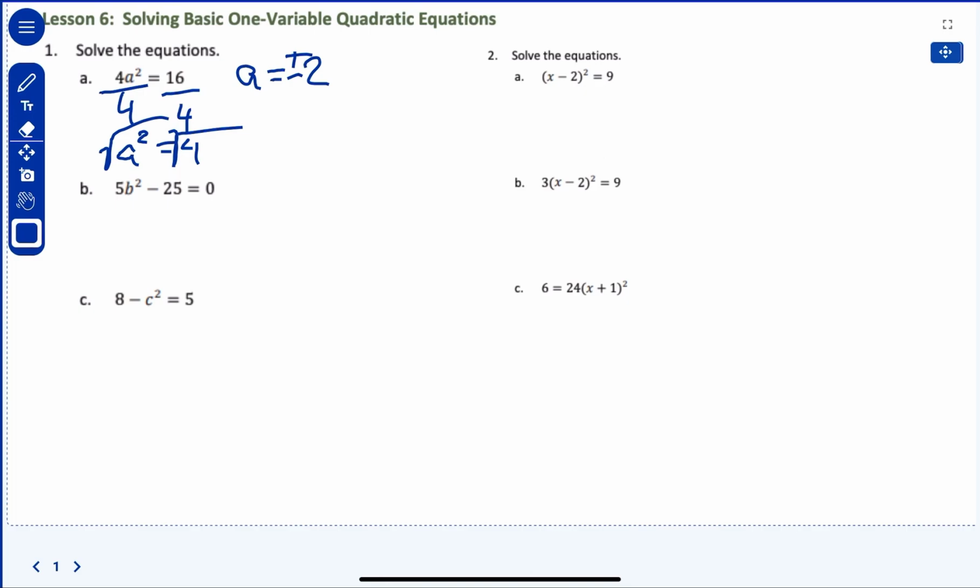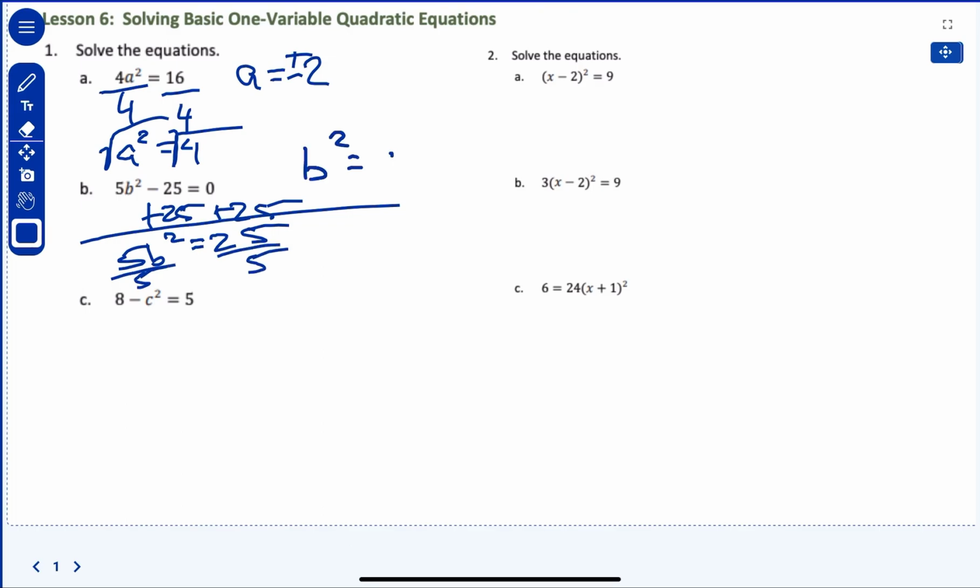All right. B. Can we do 5b squared minus 25? So what are you going to do? Add 25. You're always going to work in reverse PEMDAS. Now what are you going to do? Divide by 5.